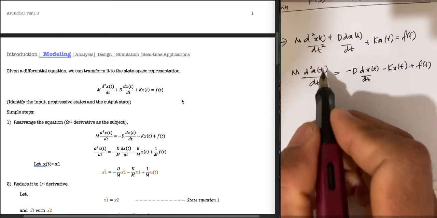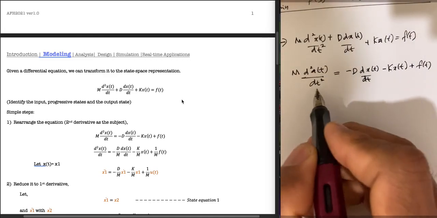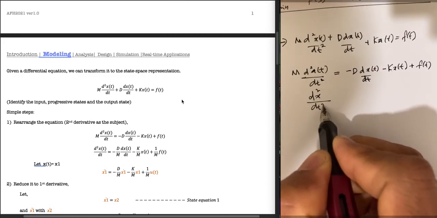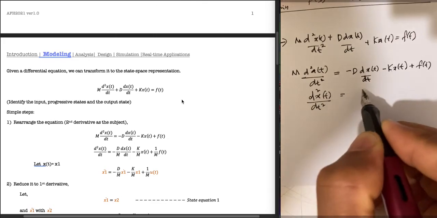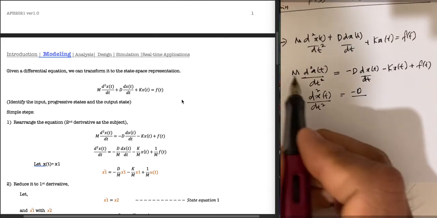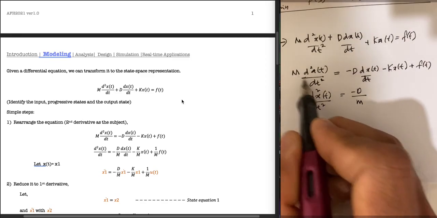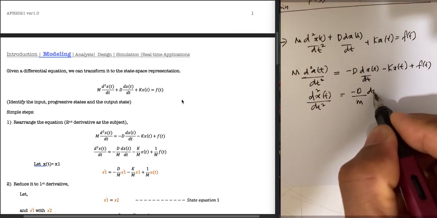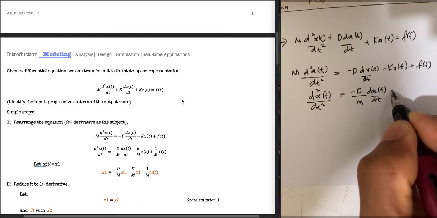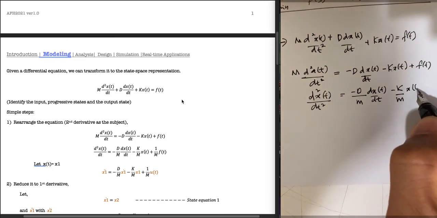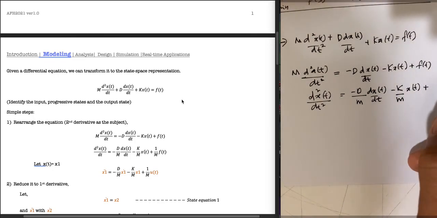Keeping the second derivative on the left and dividing by m, we get d squared x of t over dt squared equals minus d over m dx of t over dt minus k over m x of t plus 1 over m f of t.